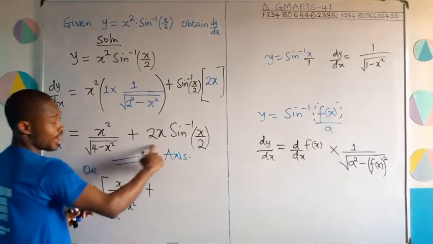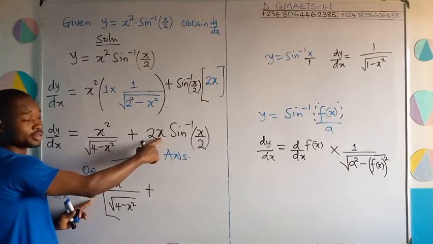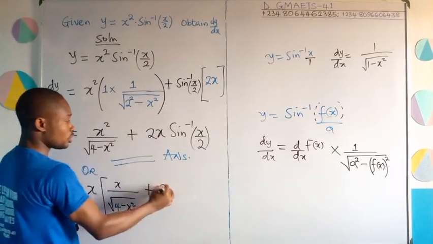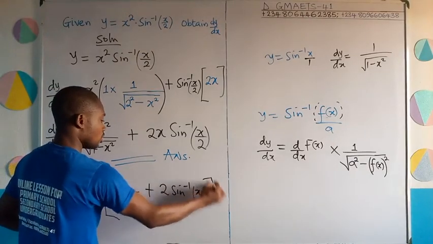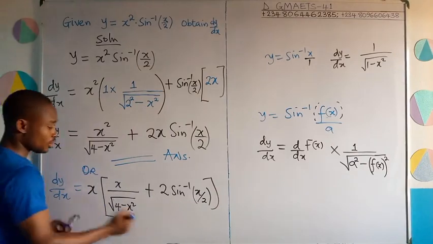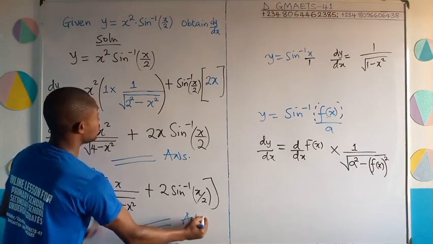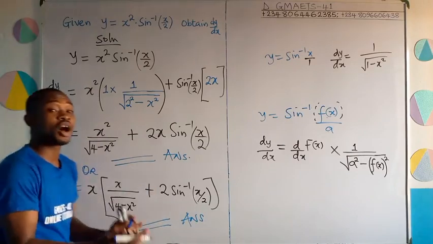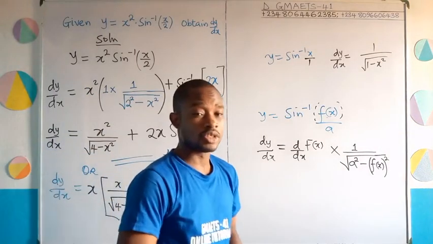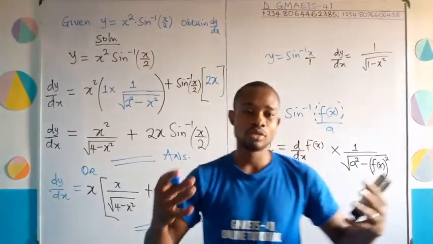Use this x to divide this term. This x here will cancel this x. You'll be left with 2 sine inverse of x over 2. Okay, so this is another alternative answer to this problem. So either this or this. If it is an objective case, the option will tell you which one to go for.